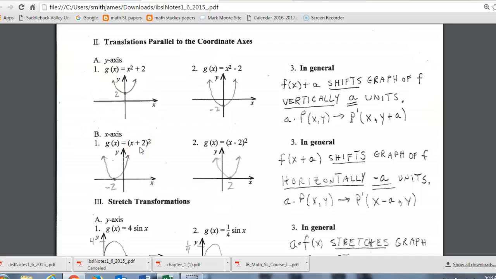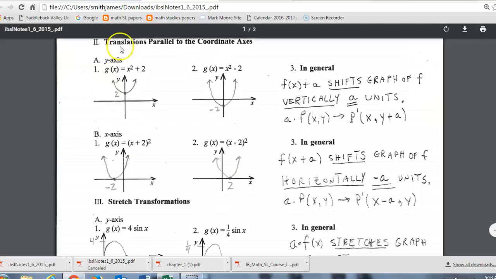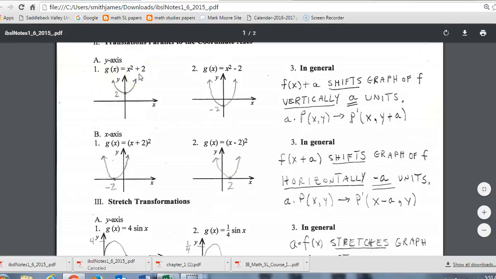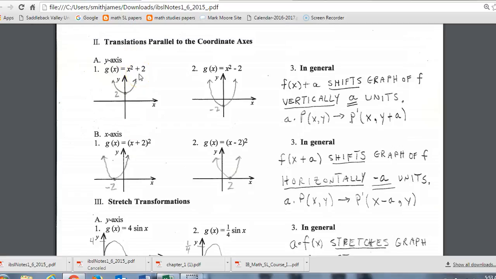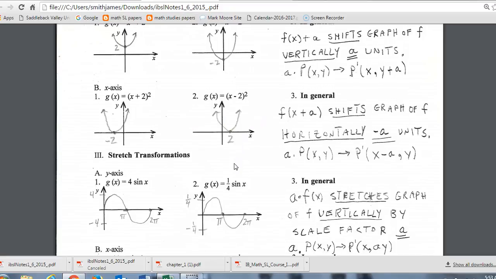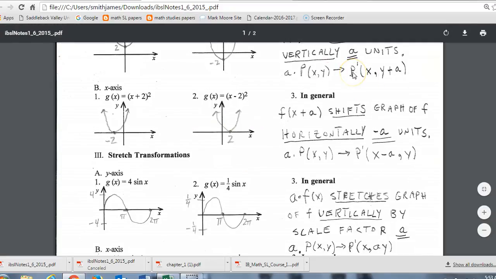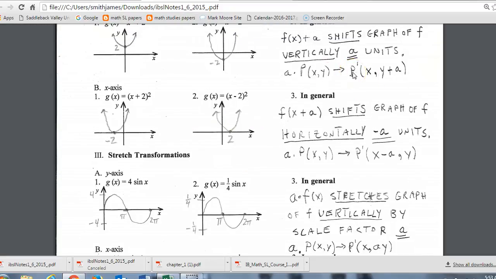But for the x's, it's the opposite of what you would think. For the y values, it is what you would think. So for the y values, when you see a plus 2, it does go up 2 units. And you're seeing just some side notes over here on the right of what this would look like with an algebraic explanation. But usually this makes a lot more sense with the visual graphing explanation that you see here.